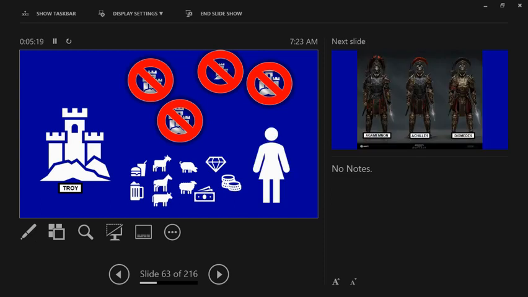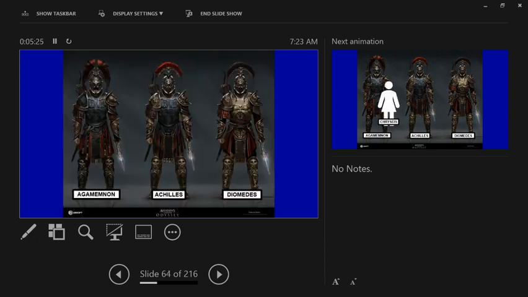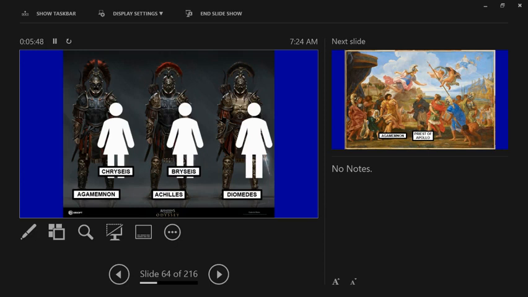And then they distribute the women to the heroes of the Greek army. So here we have Agamemnon over here on the left. This is Achilles in the middle. This is Diomedes on the right. And there are lots of other heroes and generals and kings that are fighting on the side of the Greeks. But these are three of my favorites: Agamemnon, Achilles, and Diomedes. Each one gets a woman that has been taken from the neighboring towns.